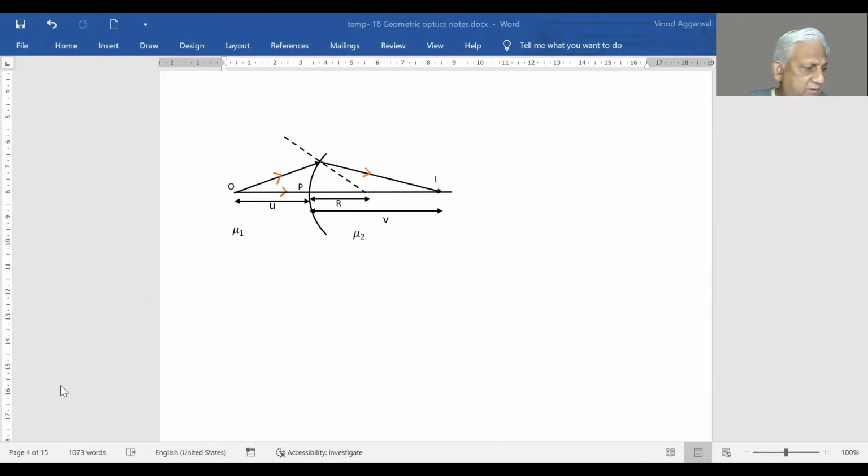Next thing is that we study refraction at spherical surfaces.